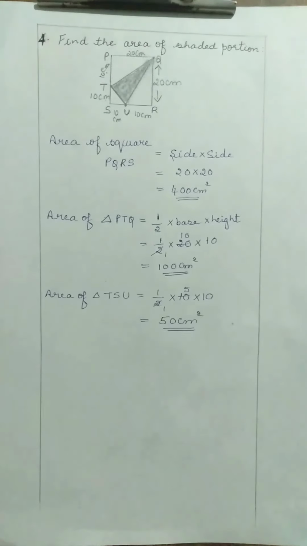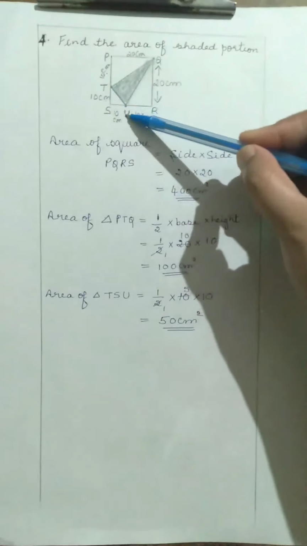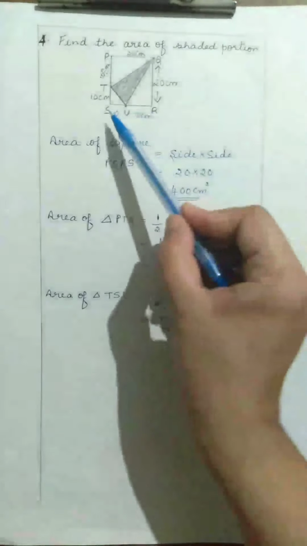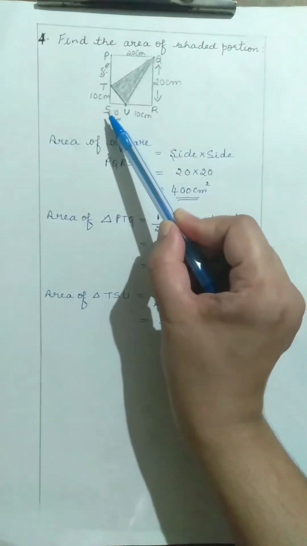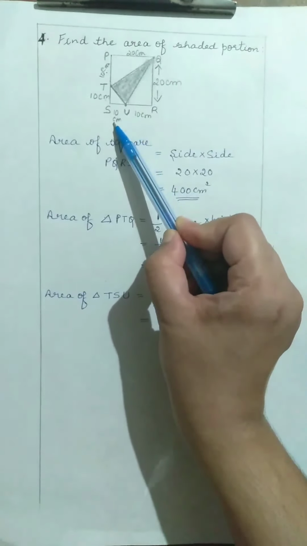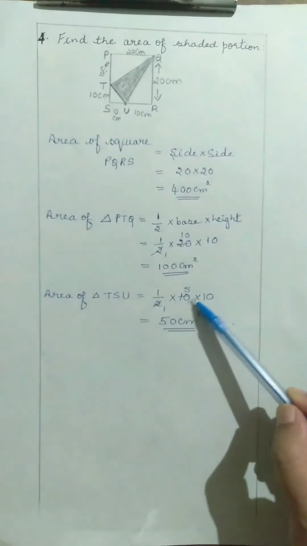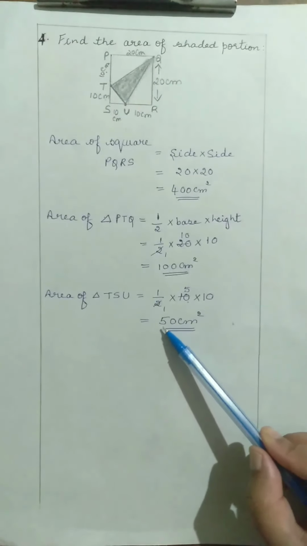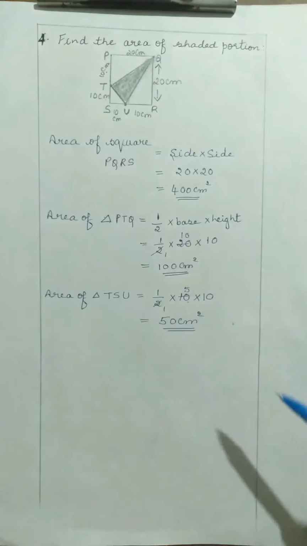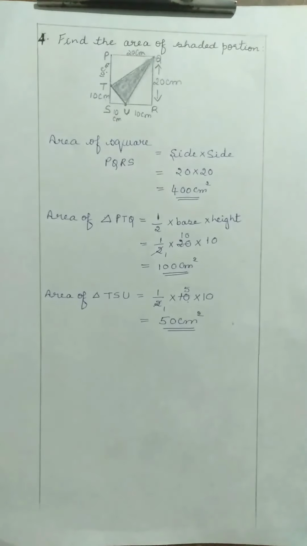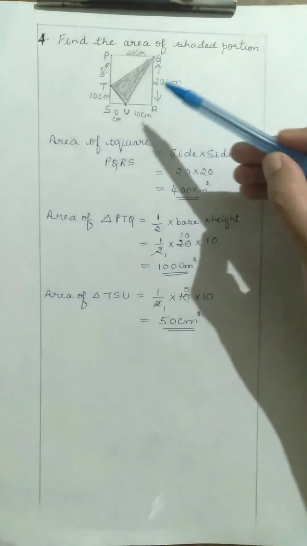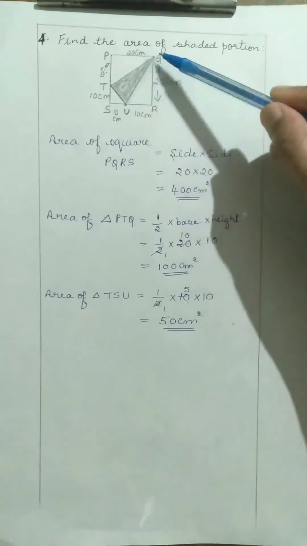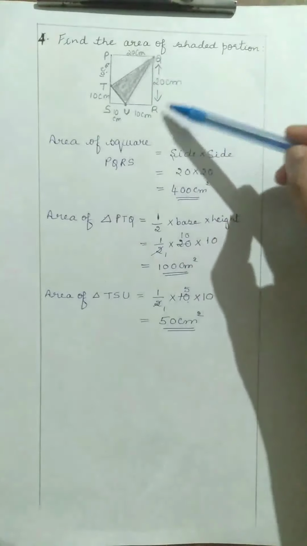Next, we have the triangle TSU, where the base SU is equal to 10 centimeter, and the height TS is equal to 10 centimeter. So on simplification, we got the answer equal to 50 centimeter square. Next, we need to find out the area of the triangle URQ or UQR.